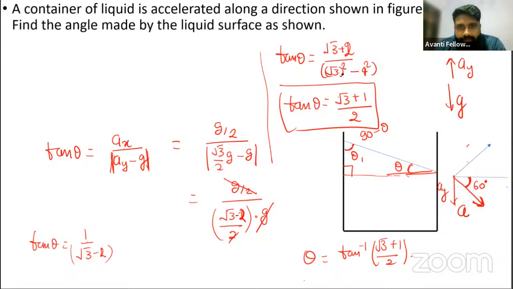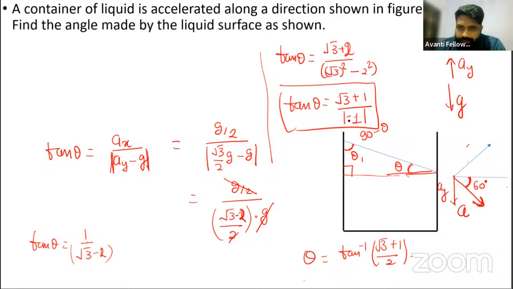And definitely 2 square here will be 2 square. So 2 square will become 4, and it will become 3. And I have told you that you have to take the mod of it. So it will become mod minus 1.